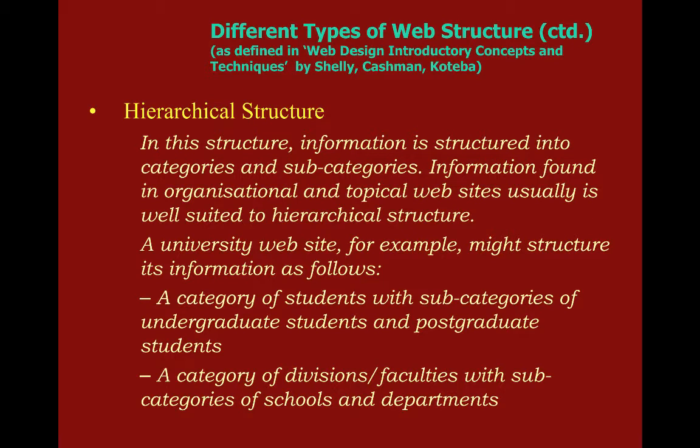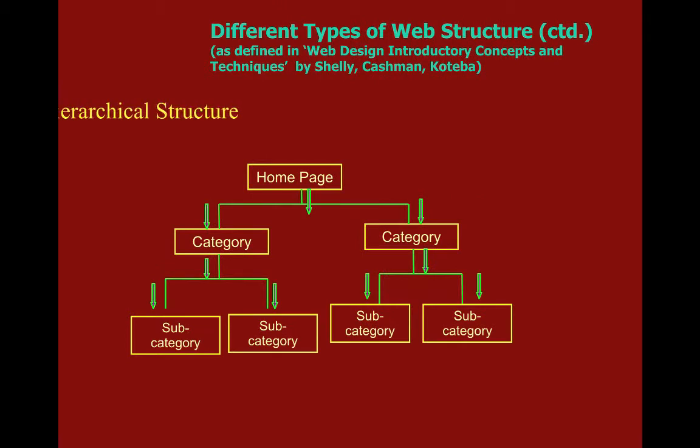So a university has colleges, and within each college there are schools, within each school there are departments, and a website could have a hierarchical structure that's reflective of the structure of the university. Right? So here's an example: categories and subcategories. So it could be categories, subcategories of users, categories, subcategories of some real world structure, or categories or subcategories of tasks.